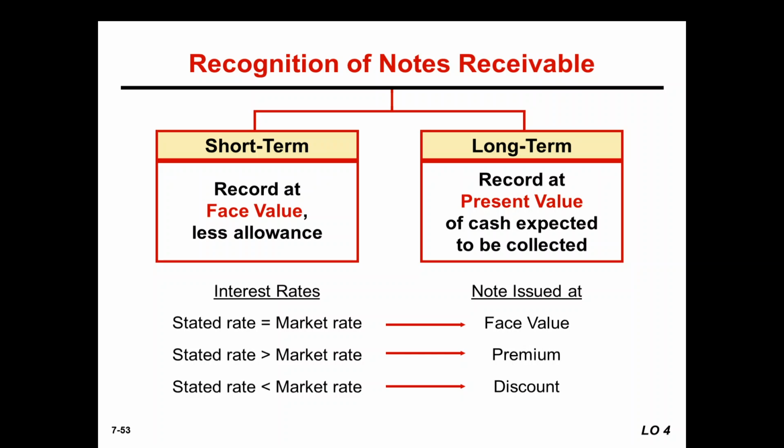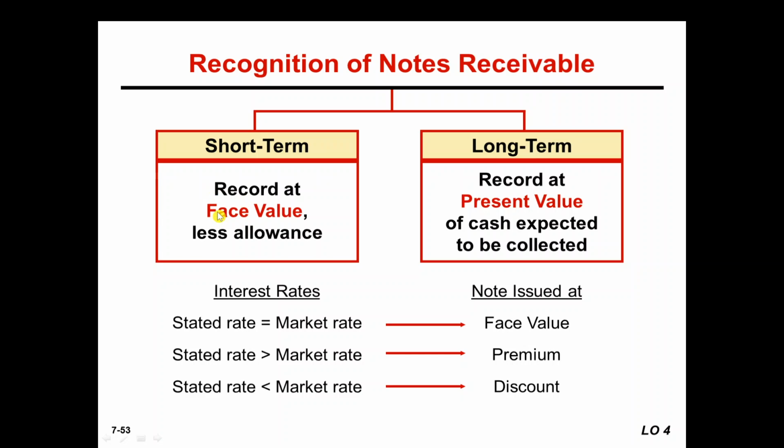To recognize notes receivable, there are two types: the first is short-term and the second is long-term. If it is short-term, it means less than or at maximum 12 months.